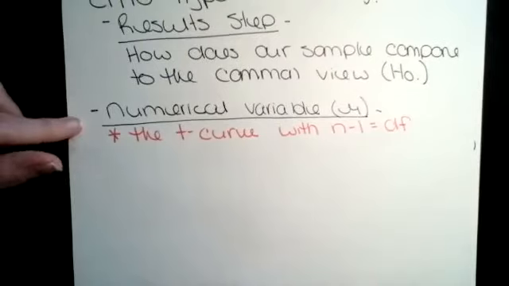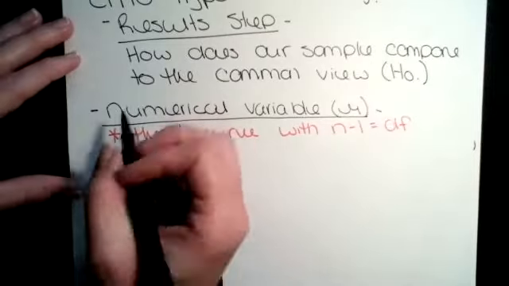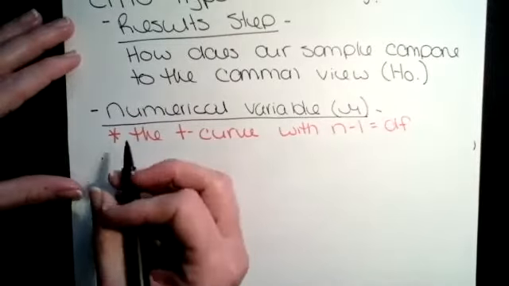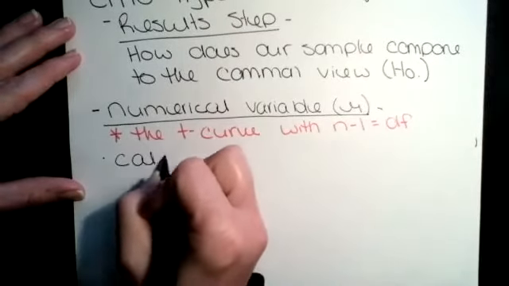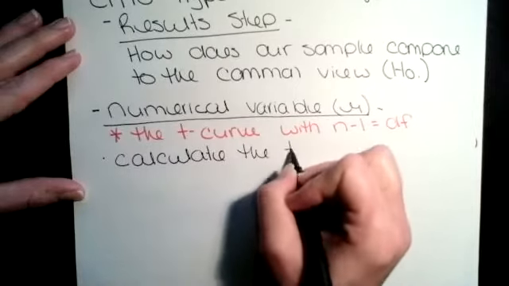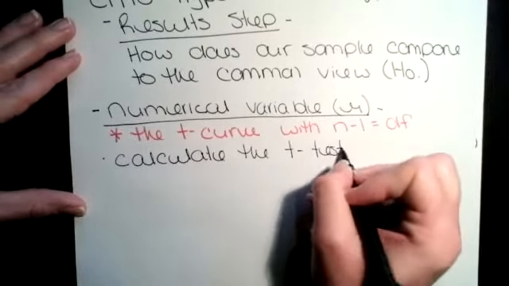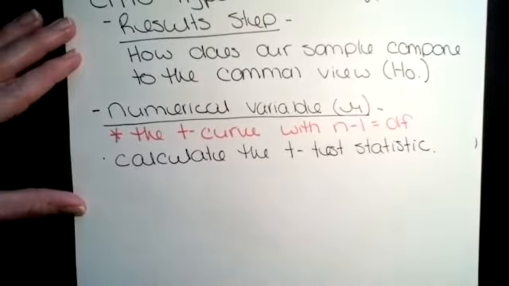So for my numerical variable, for my result step, I have 4 parts for either type of variable. But the very first one, we're going to calculate the t-test statistic. Okay.